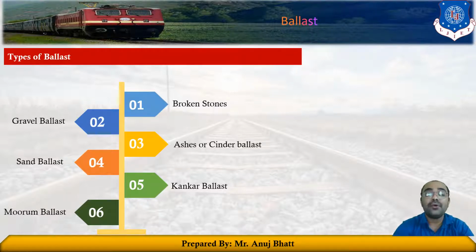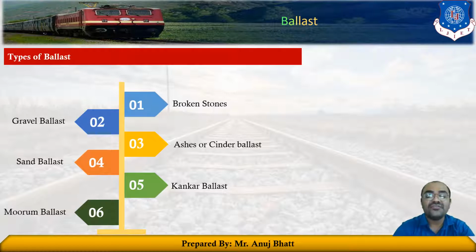This type of material is used over black cotton soils. So where the ballast is to be prepared over black cotton soil, muram ballast can be provided at the initial stage for new construction, as it prevents the entry of water.